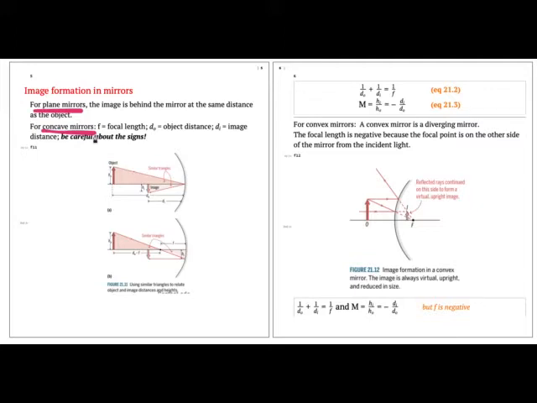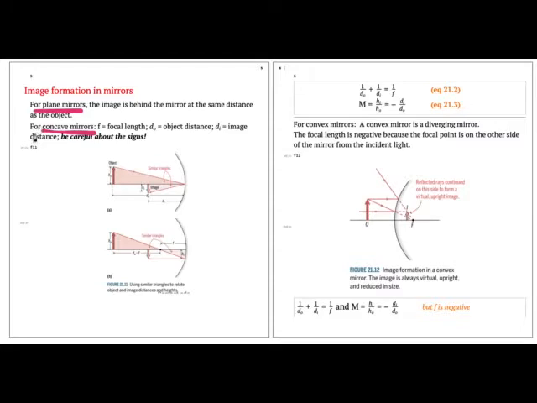You know, maybe you've been at one of these circus sideshows where they have distorted mirrors, and you go in and you look at your reflection and it doesn't look like you at all. It looks all distorted. Well, that's because the mirror is not flat. It's not a plane. It's curved.